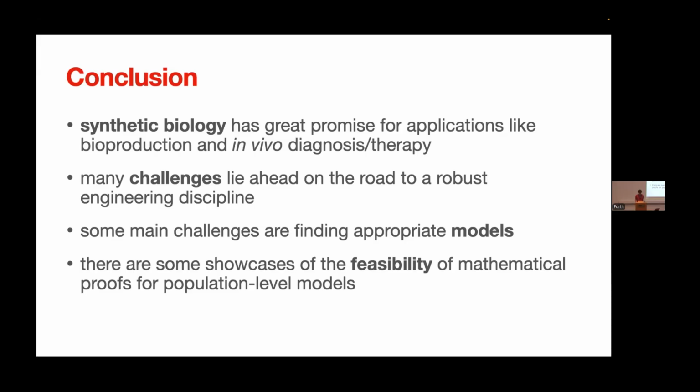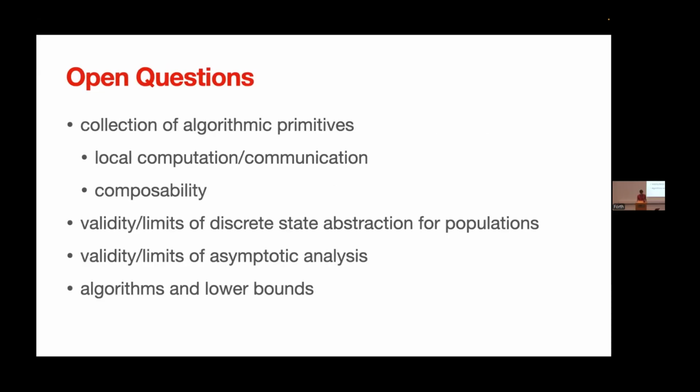Other approaches are fine. Just to conclude, maybe very specifically about the big open questions as I see them, what would need to be done to push this endeavor forward is, we've been talking a bit about what the algorithmic primitives are, what you can do locally exactly.